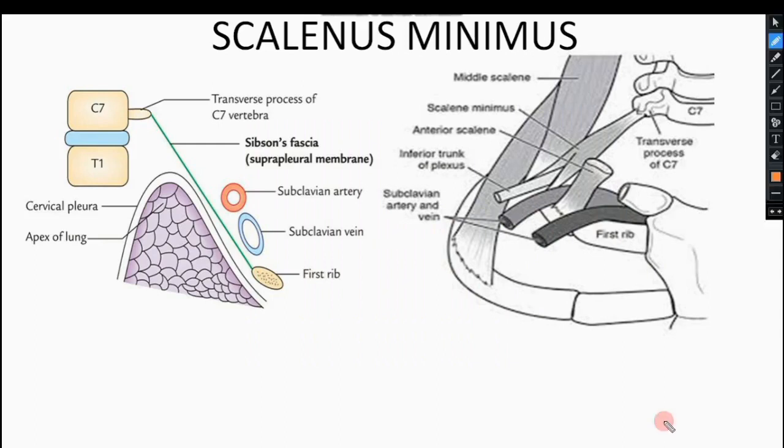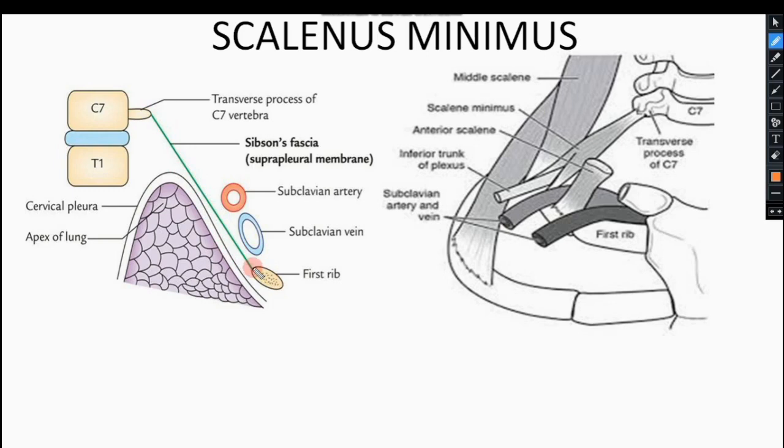Now scalenus minimus. Before this, let's see here Sibson's fascia, that is the suprapleural membrane, and you have already gone through Sibson's fascia during your thorax lecture of the pleura. So this Sibson's fascia attaches here at the transverse process of C7 vertebra, and it runs downward obliquely and attaches here at the inner border of first rib.